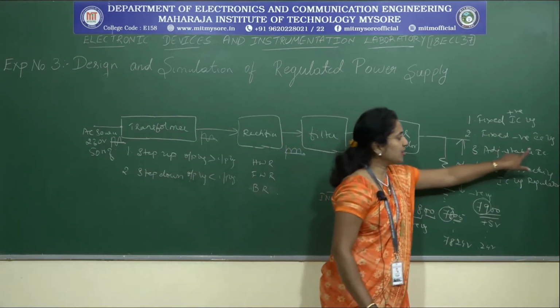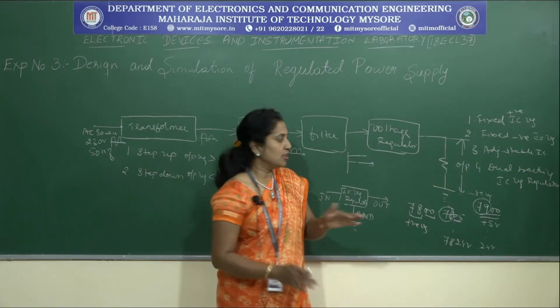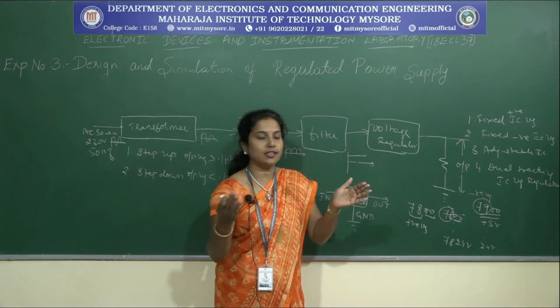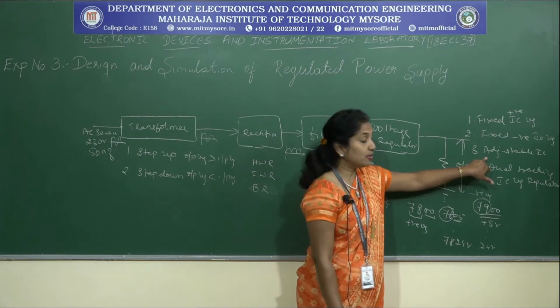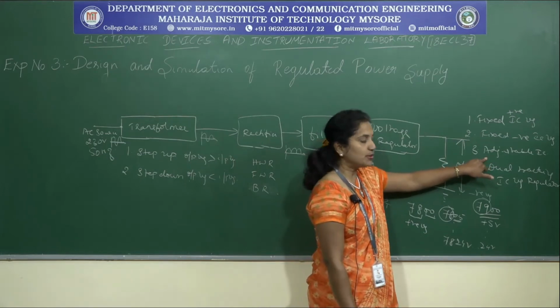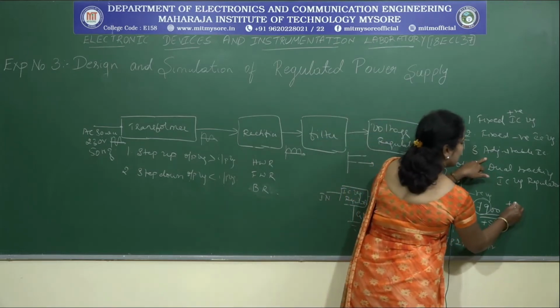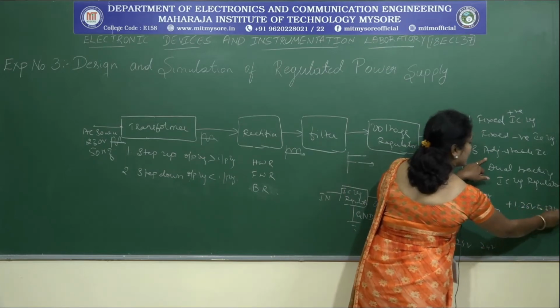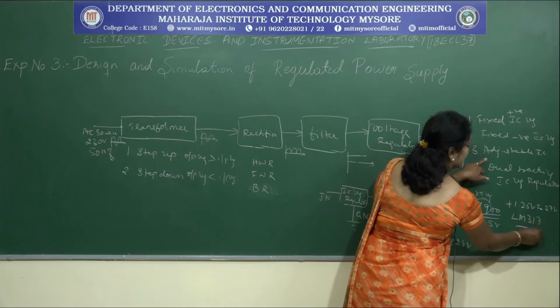In the adjustable IC regulator, you can adjust between 2 limits, one minimum and the other maximum, and you can vary the voltage level. The voltage level may be plus 1.25 volts to 37 volts, available in the market as the LM317 IC.